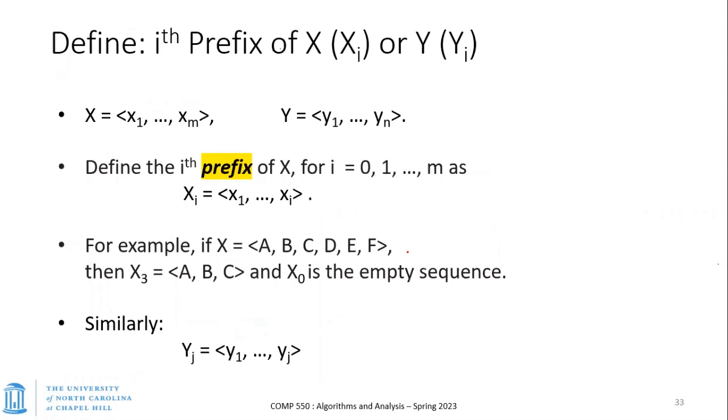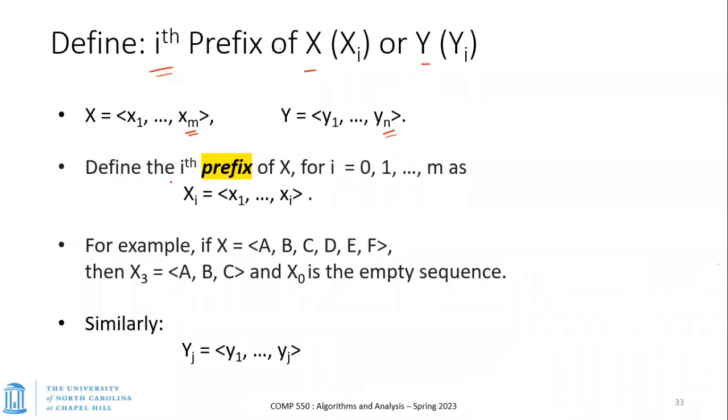But before we can do that, we're going to make a few definitions. We have a couple of minutes, and I think I can get through the slide in a couple of minutes. So I'm going to define a very simple concept: the ith prefix of a particular string. Let's say you have a string X or Y, where X comprises M characters and Y comprises N characters.